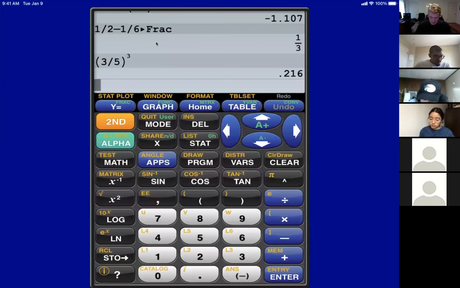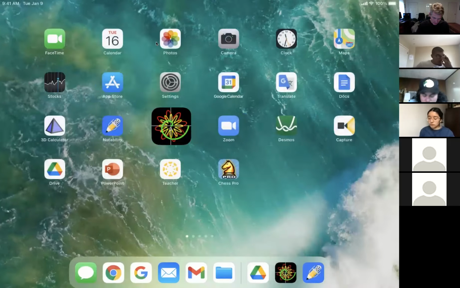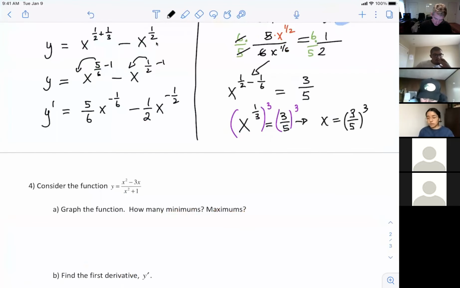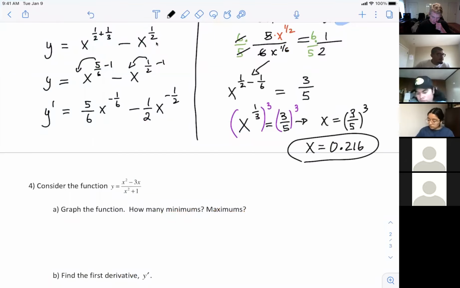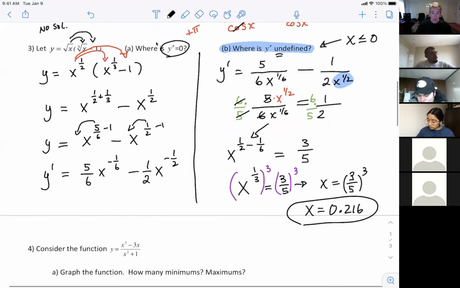So as a decimal, it's going to be 0.216. So x equals 0.216, and that's actually the only place where I found the derivative equals 0. That was some good algebra.